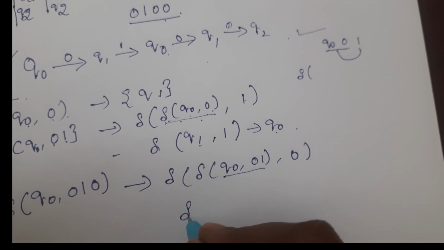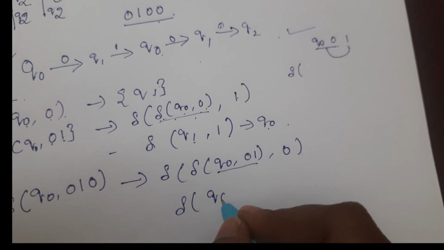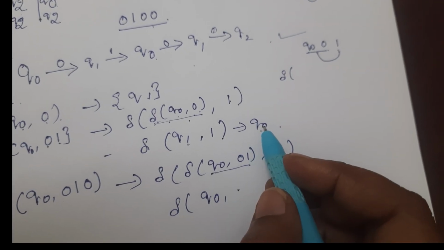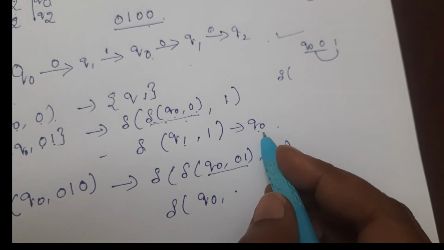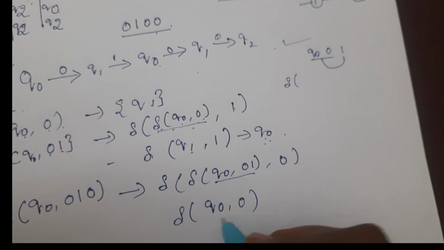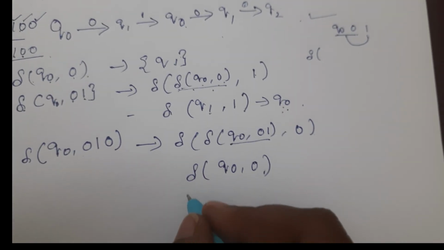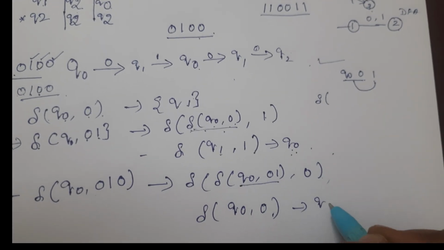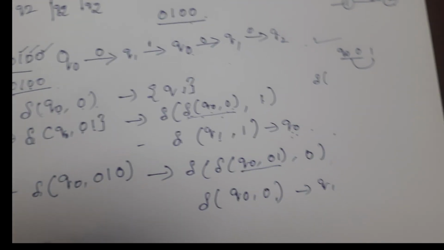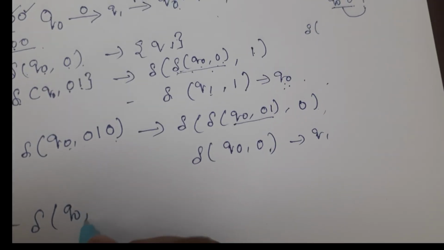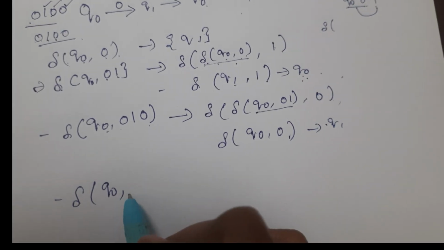Now I'll add del of q naught comma 0, since the output is q naught. What is q naught on 0? Q naught on 0 is q1. So your output is q1. Here I am just adding the other one, don't confuse that with the output here.